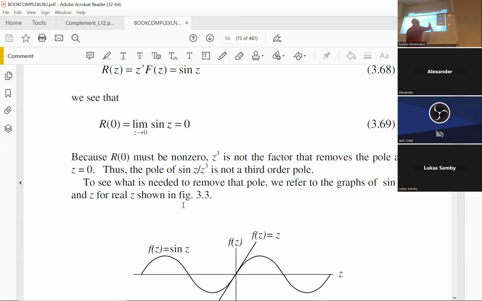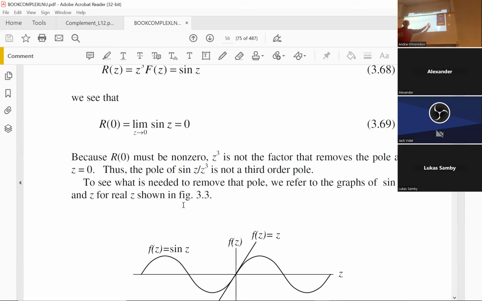For example, if we have cosine or sine z divided by z to the m. Do as you did in usual analysis. A bit later, we shall see that all these functions have their Taylor expansions. Functions of a complex variable can be expanded in Taylor series.